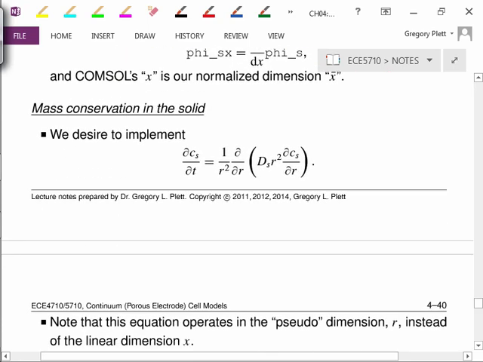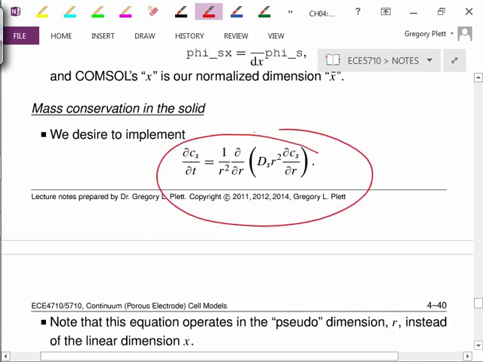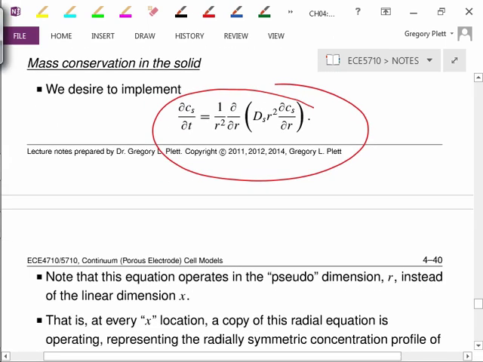Equation number 2 is the hardest. We desire to implement the mass conservation in the solid, which is the only equation that uses the radial pseudo-dimension, r. I desire to implement that, but it doesn't use x, it uses r.